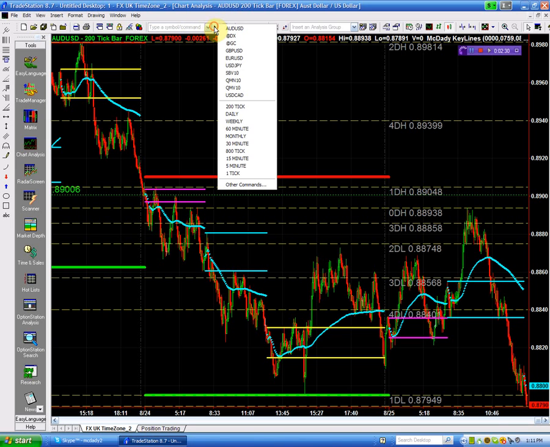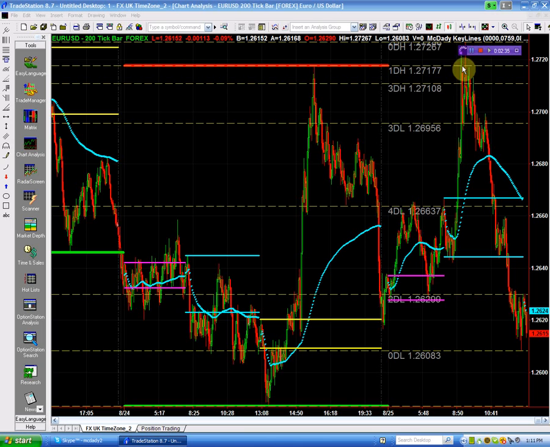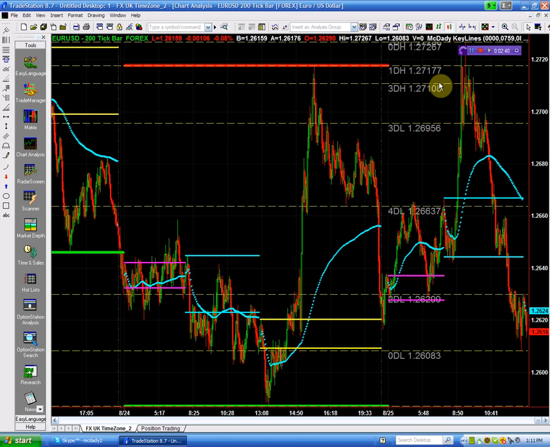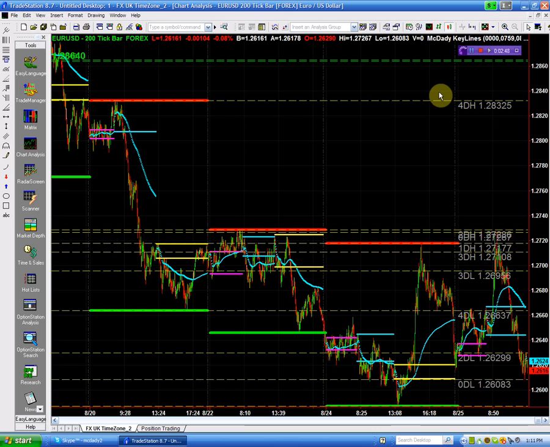Going to the euro, again, as you can see from what I've been showing you, taking the picture from the index and going down to the individual currency, you can see that the bias is still to the downside.